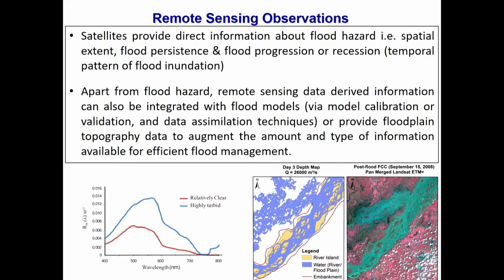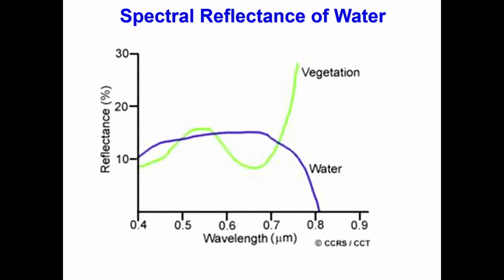Now, how this is done: in the case of optical sensors, they are acquiring information at different wavelengths, the visible domain, then NIR, and SWIR. If you see this particular diagram, in the visible, as for water, as it goes into the NIR and the SWIR, the reflectance goes down.